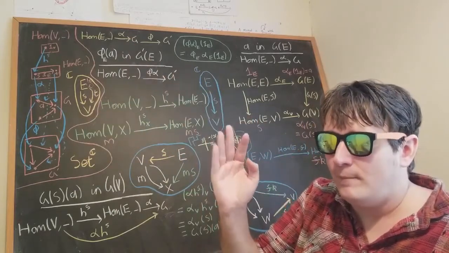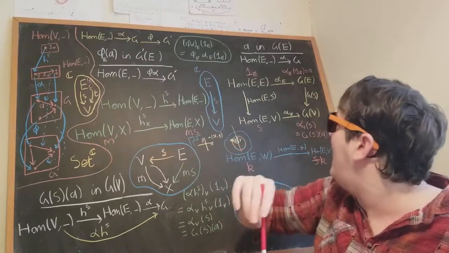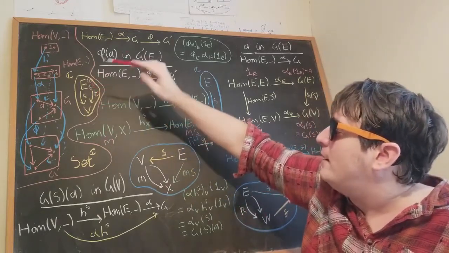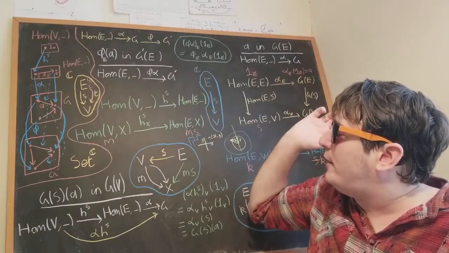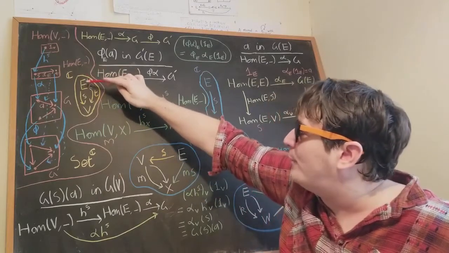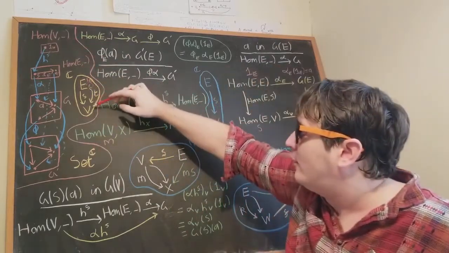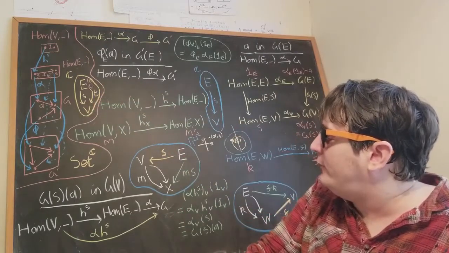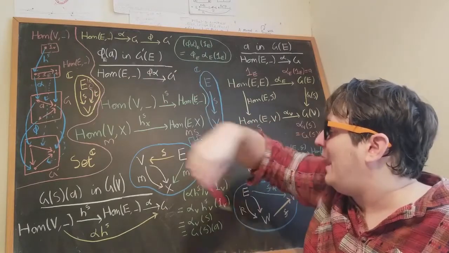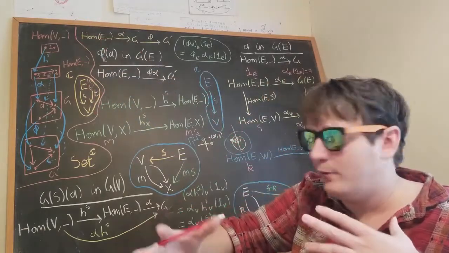So in general, when we have a category of functors from C to set, we may have an arrow S from some object E to some object V. Now, we know that there's going to be a functor hom E comma blank corresponding to object E, and we know that there's going to be a functor hom V comma blank corresponding to object V. Now it turns out that this arrow S from E to V has a kind of corresponding arrow connecting these associated hom functors.